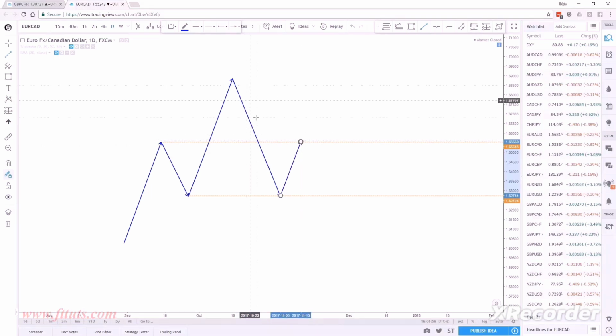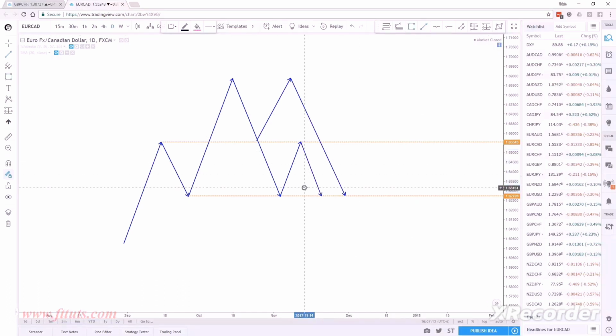Okay, we also have our rejection at this level forming our double tops. Okay, and in both cases we're looking for price to come down to this neckline. That's why I say that the right shoulder is just the first rejection at this neckline with a minor retracement back up, and now we're waiting to see it drop all the way back down.